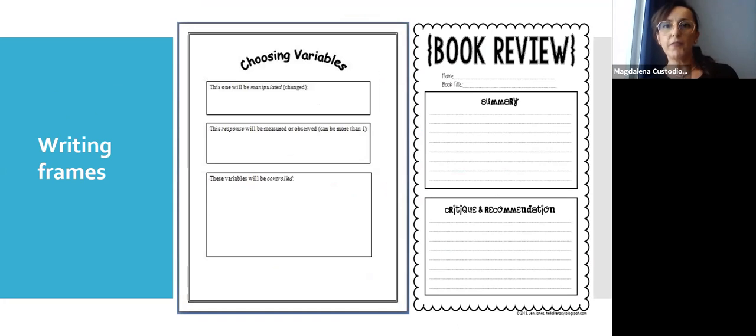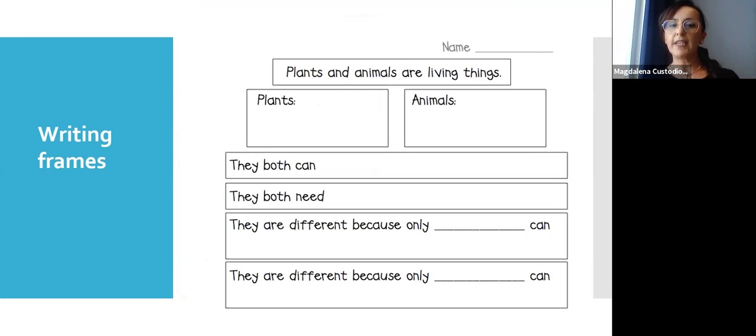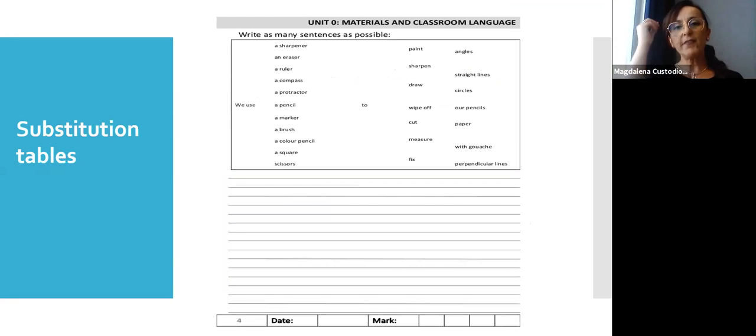Here are some examples for primary to do writing frames for the final product. For instance, if you have been working about plants and animals, then have students complete something that makes sense, and they can then explain and realize if they understand or not. Or this is very useful, the substitution tables.